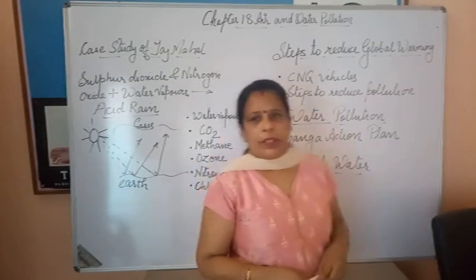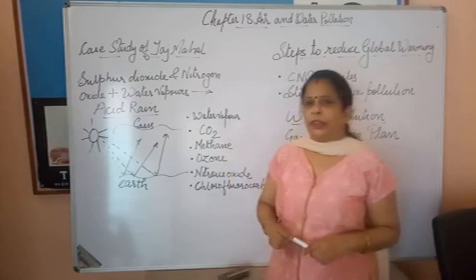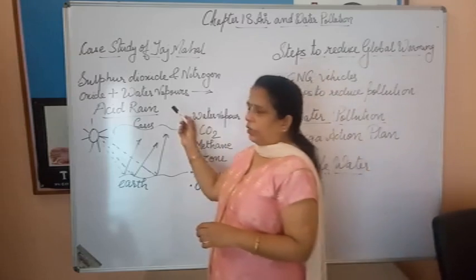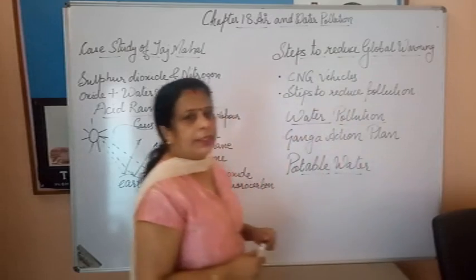So when this sulfur dioxide and nitrogen oxide react with the water vapors, it causes acid rain. So what is happening due to this acid rain?